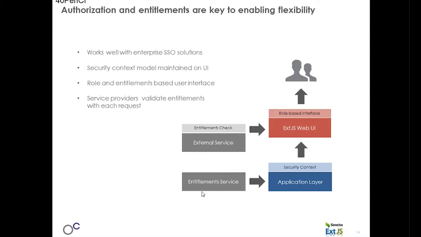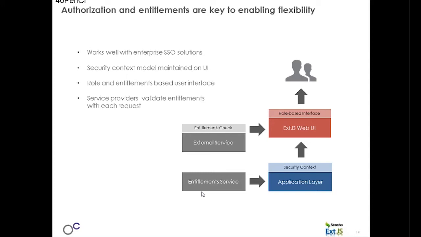This allows the web interface to be completely role and entitlements based, which makes it very flexible. Just like you saw in the demo application, Jennifer had access to 2 different workflows, and that was purely based on her entitlements. If, for example, we remove one of the entitlements, that workflow would have disappeared from her system.